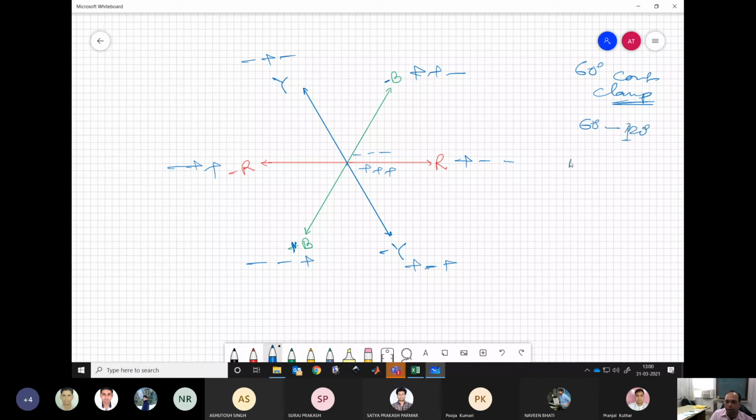And similarly, this is R clamping. Similarly, Y will be clamped between what and what? So this is the positive peak. There will be a negative peak also. Let us write that also. So that will be 240 to 300, in fact.